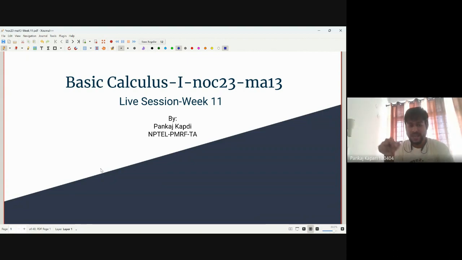If the shape of the slice is nice, so that we actually know its area, we can integrate the area of the slice across the whole range of that particular variable, and then we get the volume.